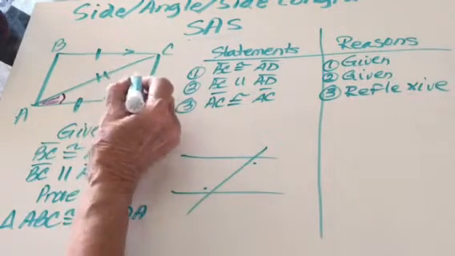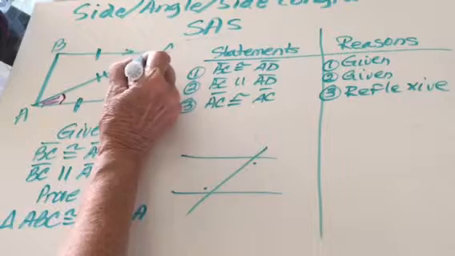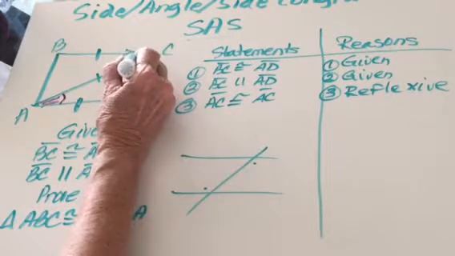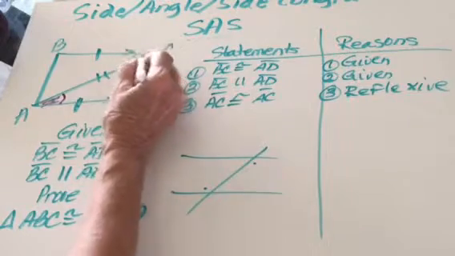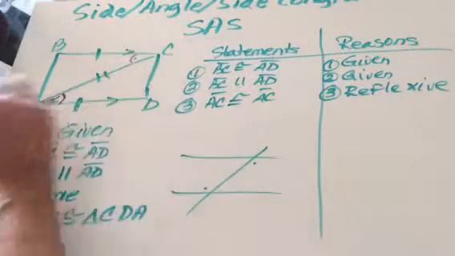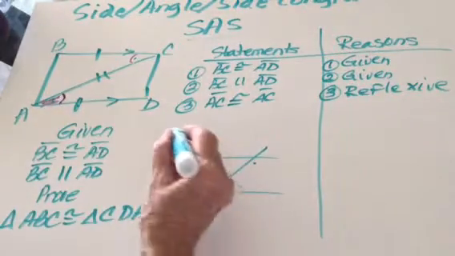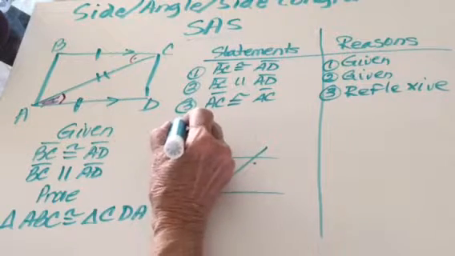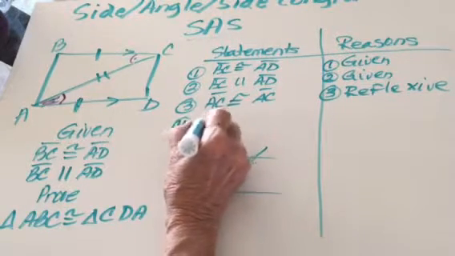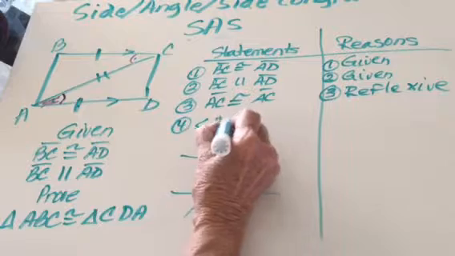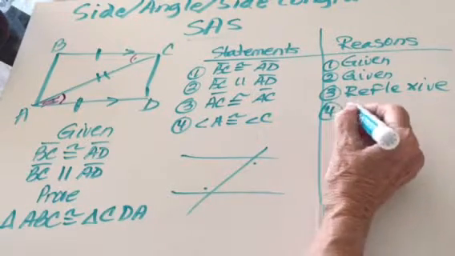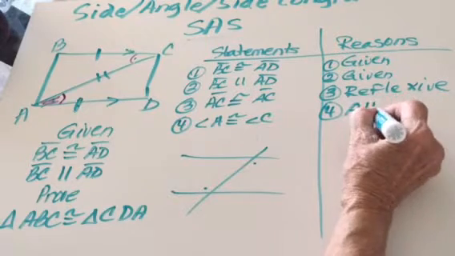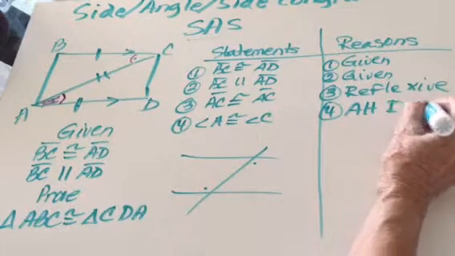So this angle here and this angle here are the same. Why? Alternate interior angles. So I'm going to say, for number 4, angle A is congruent to angle C. Why? Alternate interior angles.